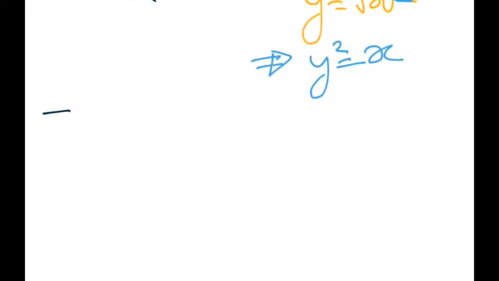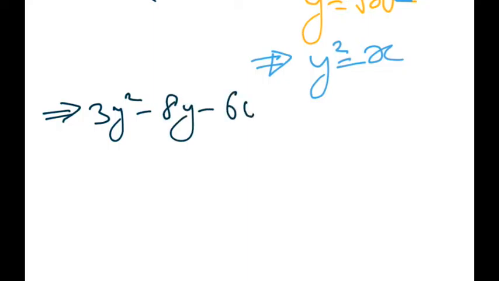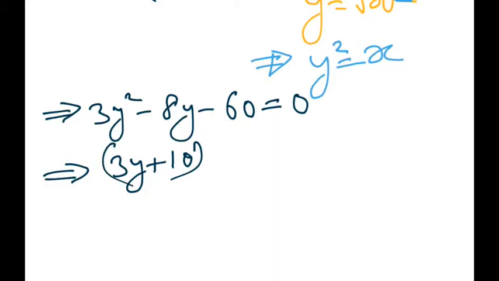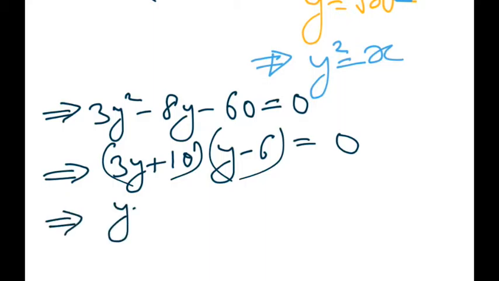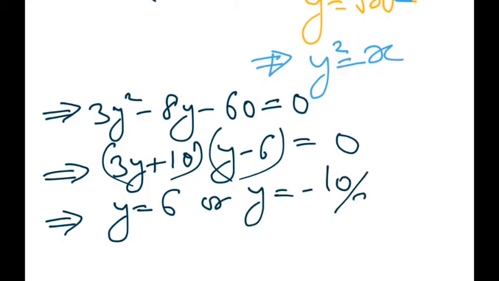Now this becomes 3y square minus 8y minus 60 equals 0. Solving this, we'll get 3y plus 10 into y minus 6 equals 0, which means y is equal to 6 or y is equal to minus 10 by 3. y cannot be negative.